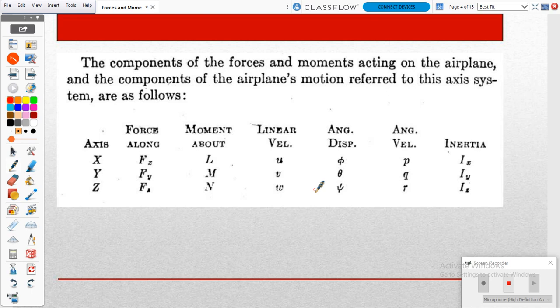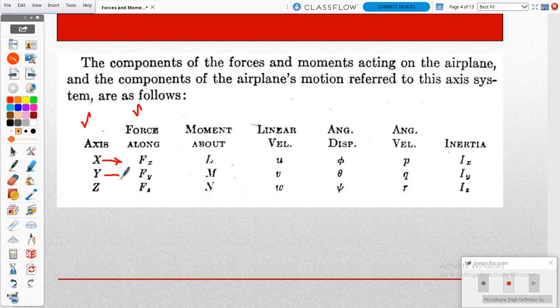So the first topic, forces and moments acting on a flight vehicle. In the first column we list out the axis. What are the axes we denote in the aircraft? X-axis, Y-axis and Z-axis. The second column will be the force along the axis. In the x-axis we have one force, F suffix x.